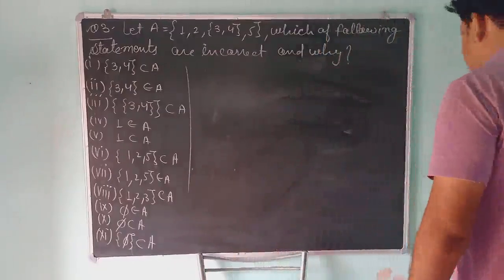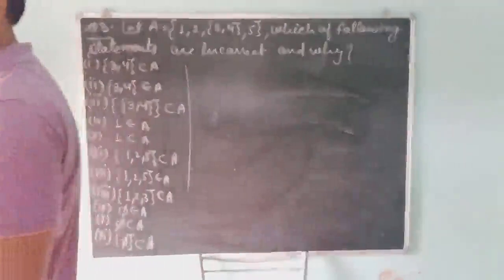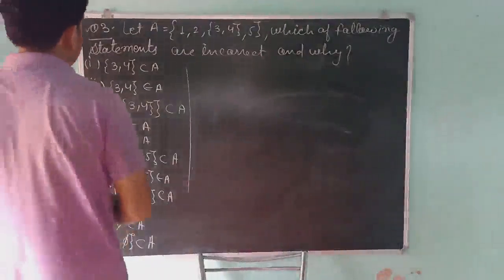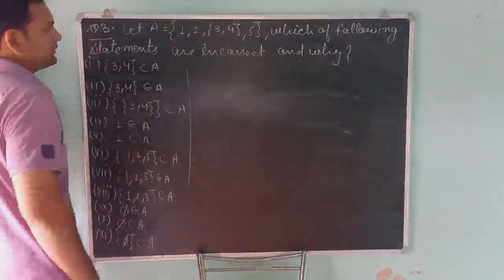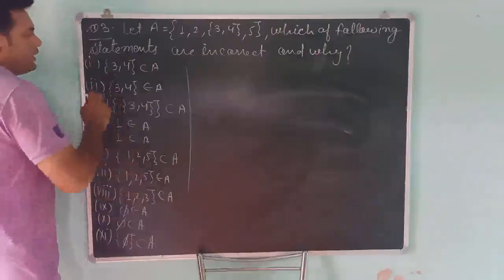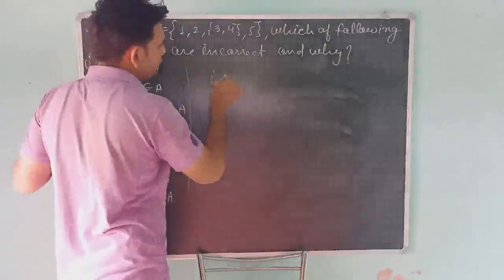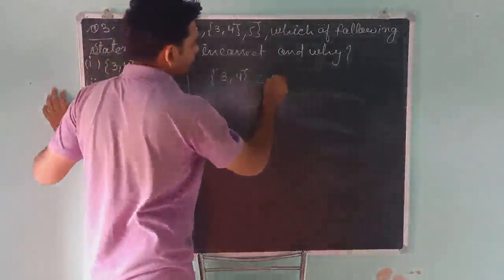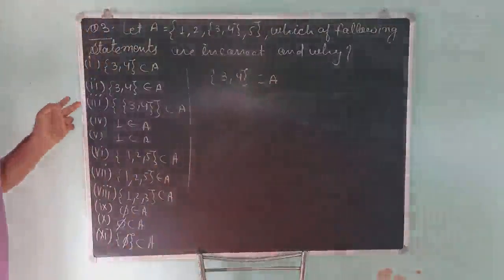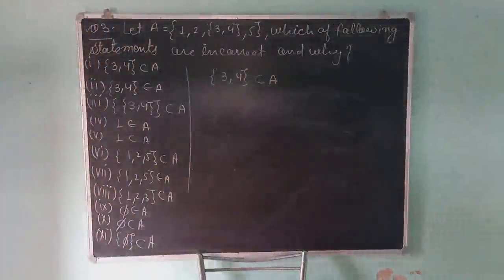Okay, students, next question is, according to the first question, {3, 4} is a subset of A. So here I have {3, 4} and this is a subset of A, and we have to check if this is correct or incorrect.